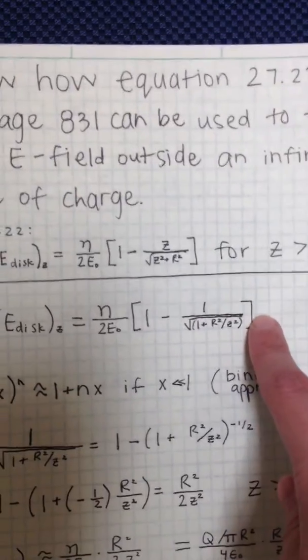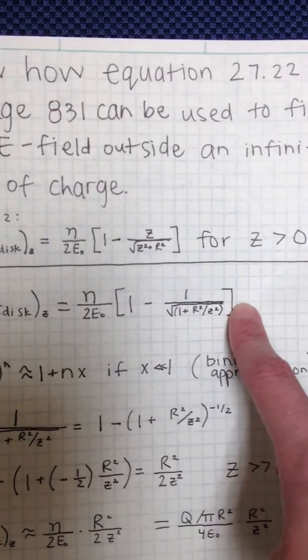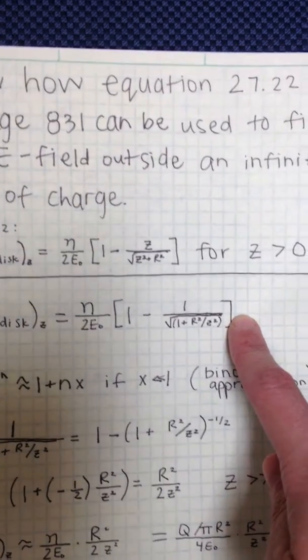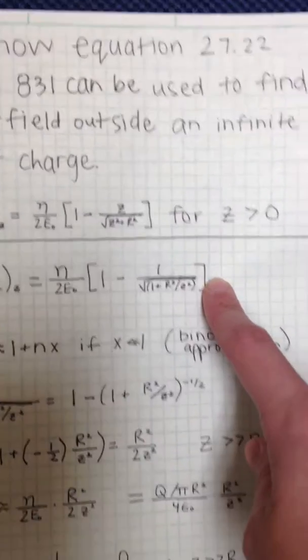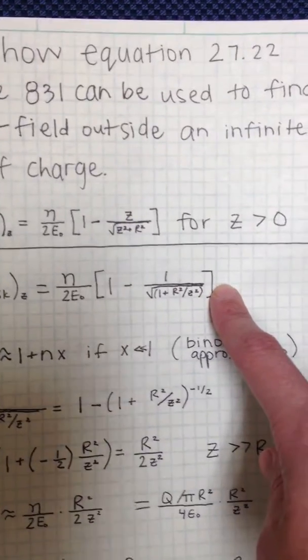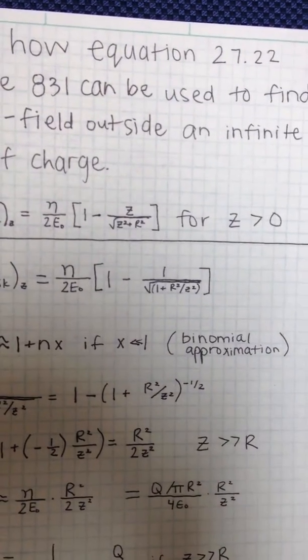So, the first step here is we factor Z squared out of the square root to give E disk of Z equals the surface charge density over 2 epsilon naught multiplied by 1 minus 1 over square root 1 plus R squared divided by Z squared.